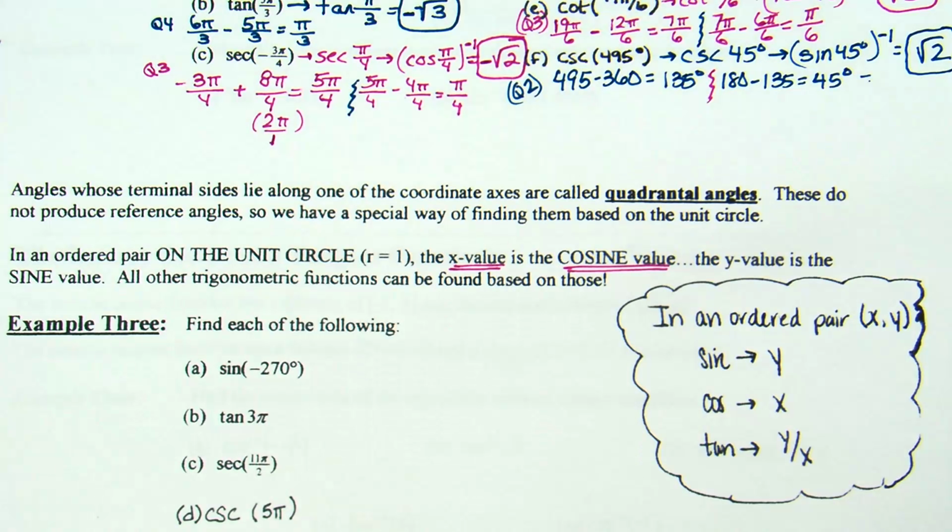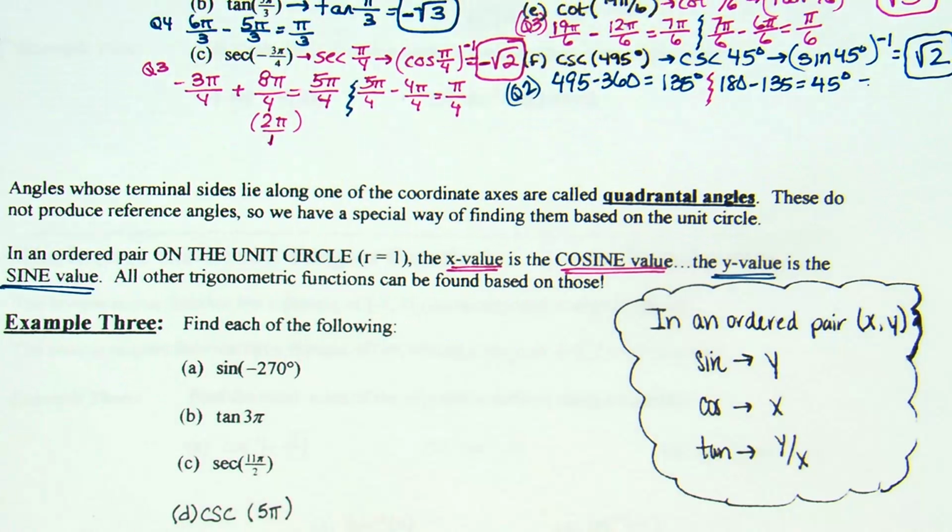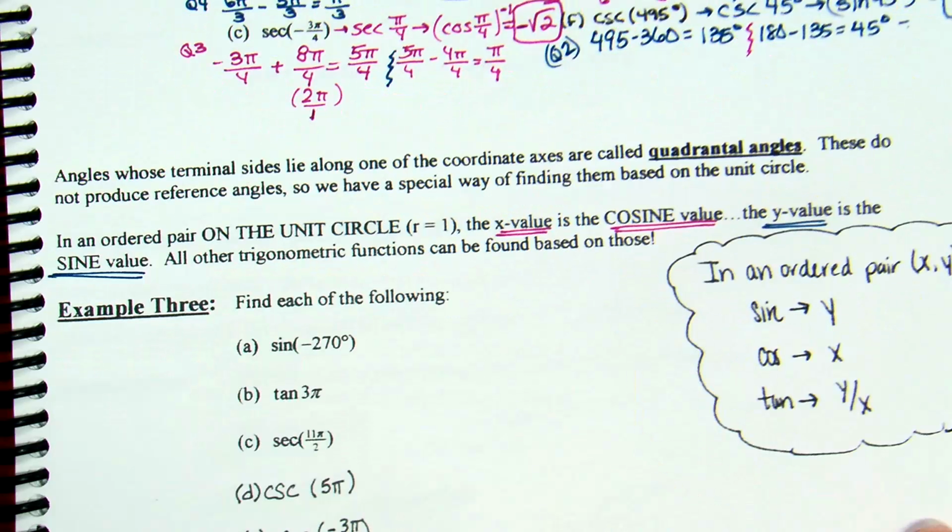So the x value in the ordered pair is always the cosine value. The y value in the ordered pair is always the sine value. And all of our trig functions can be found based on cosine and sine there. Okay?